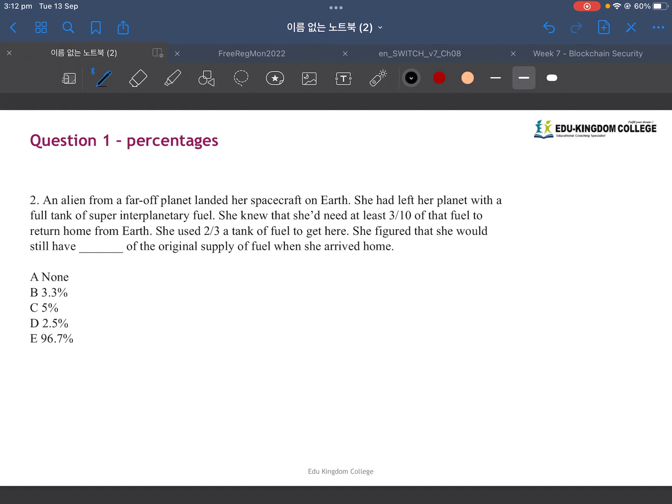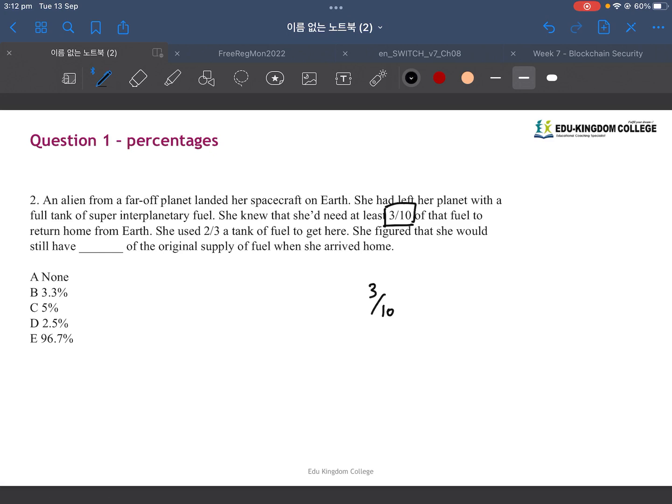Okay, this question is asking how much fuel she will have left after she reaches home. So we need to know how much fuel it took to get back, and it was 3/10. Because the distance between her home and Earth is always going to be the same, it's going to be 3/10 to get there.